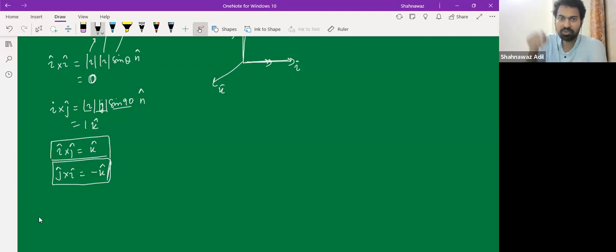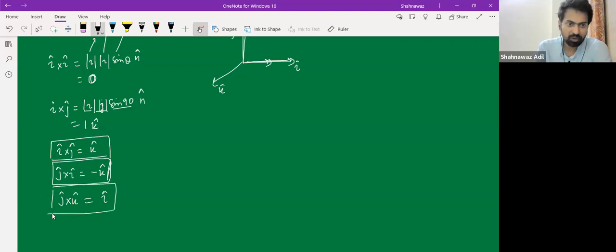So that is in the opposite direction of K hat, so that would be minus K cap. Yes, sir. Similarly, if I calculate J cross K, you will see that it would give me I. Okay, understood, guys.